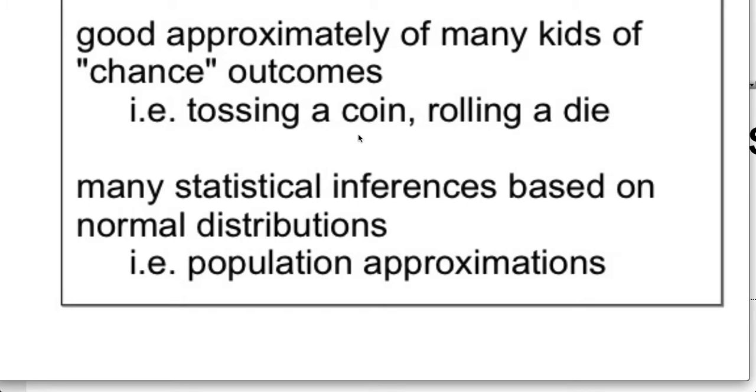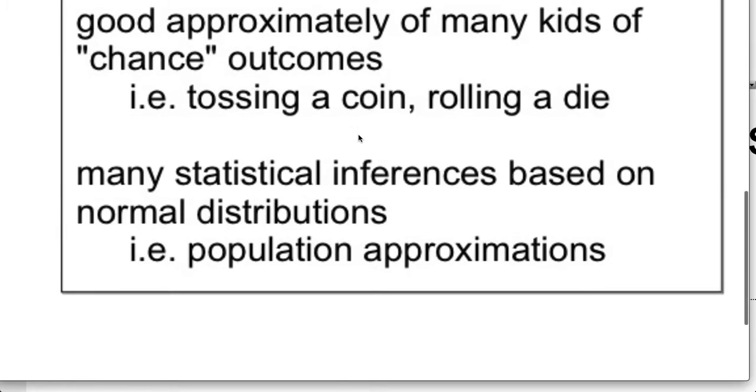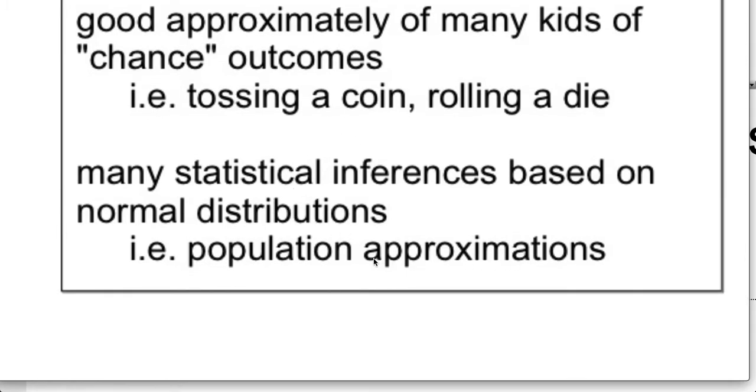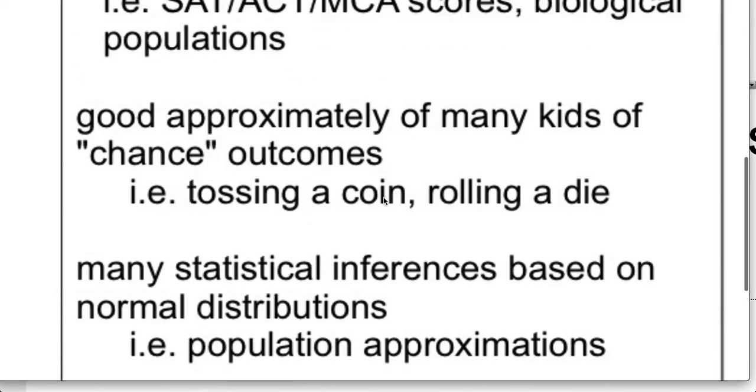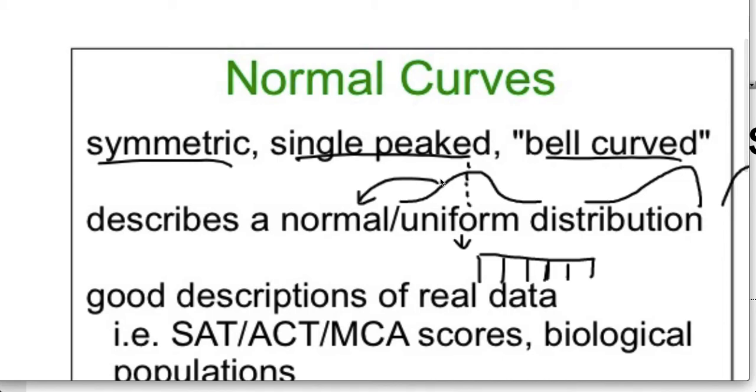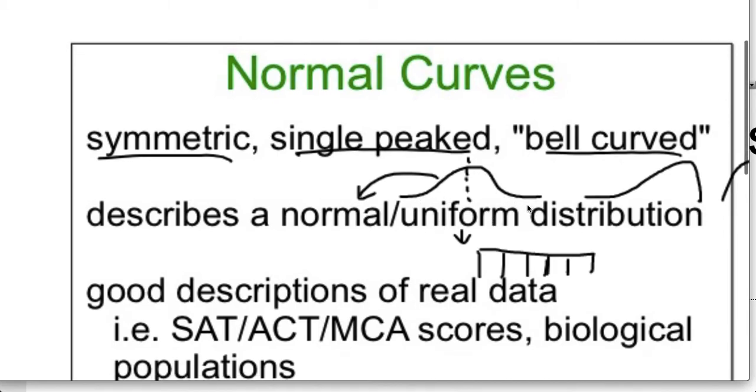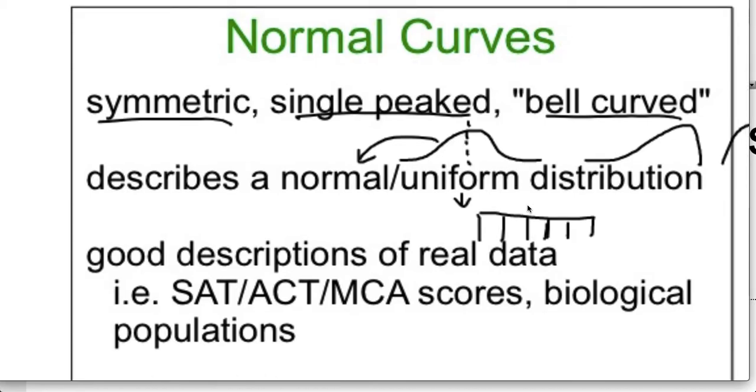Many statistical inferences are based on normal distributions. So again, population approximations are based on normal distributions. Any data that is shaped like a bell curve can be interpreted using a normal curve, which has many different characteristics that we're going to learn about today.